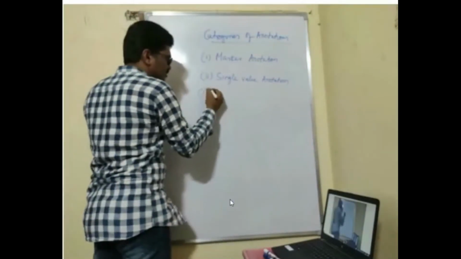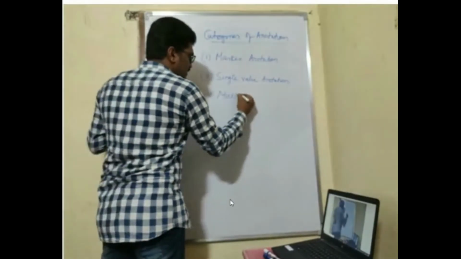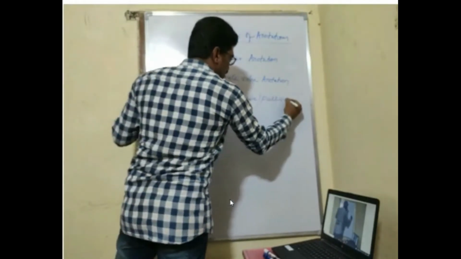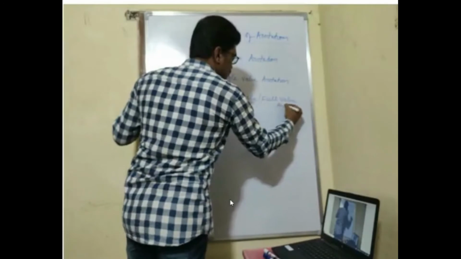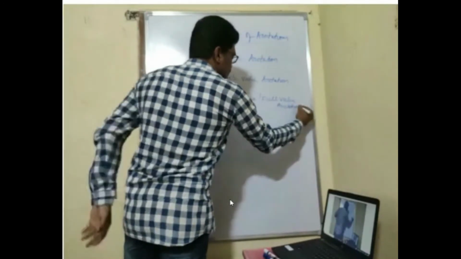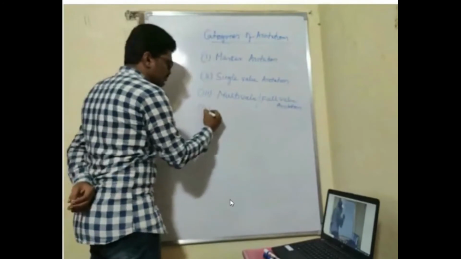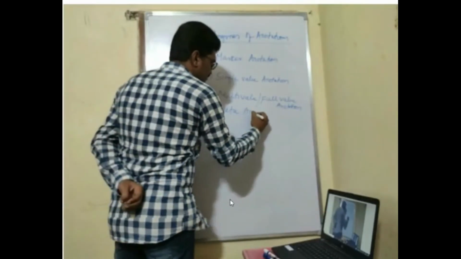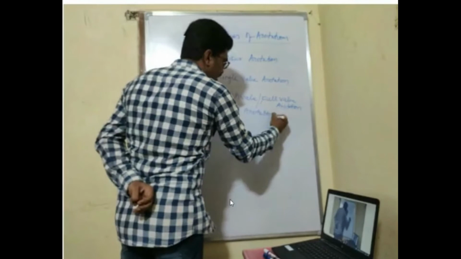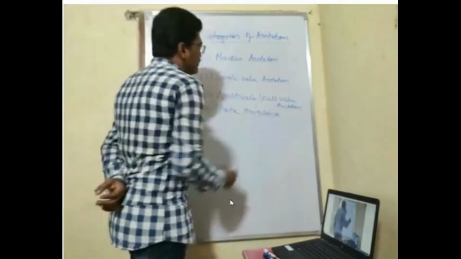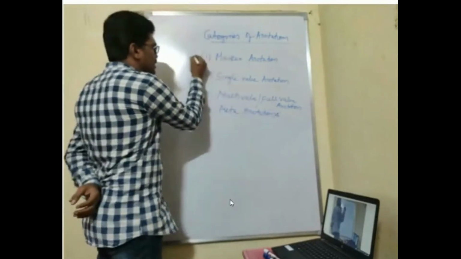The third one, multi-value, or we'll call it full value annotation. The fourth one, meta annotation. So now first we'll discuss marker annotation.